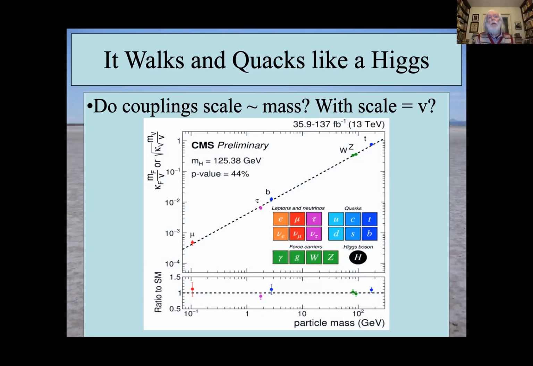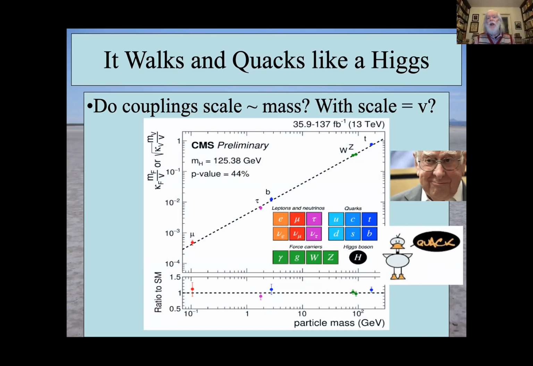Well, that prediction seems to work very well. Here is another plot from CMS. What you see here are the measurements of the couplings of the Higgs boson to the top quark, the W, the Z, the bottom, the tau, and, in a recent measurement, the muon, which all agree very well with the standard model prediction, shown here as the dashed line.